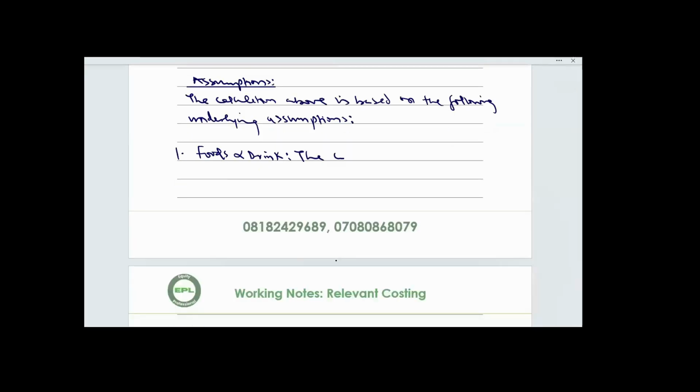The cost of food and drinks of 37,500 naira is a sunk cost and non-relevant to the calculation.